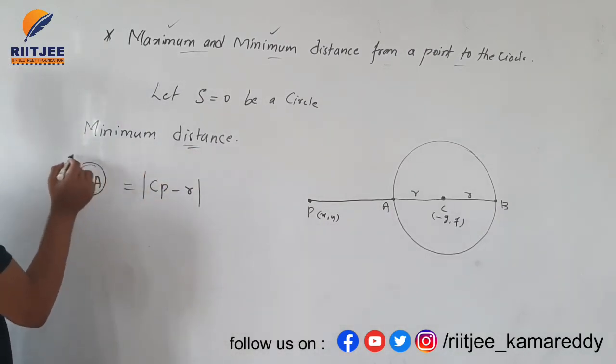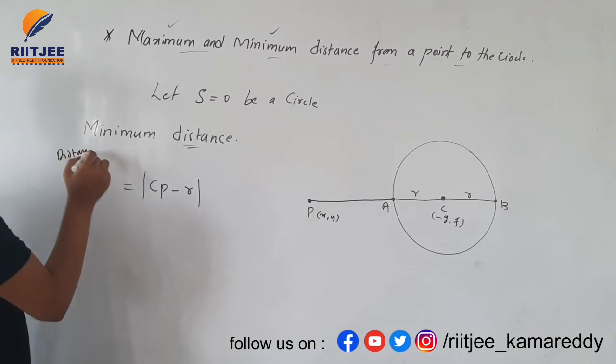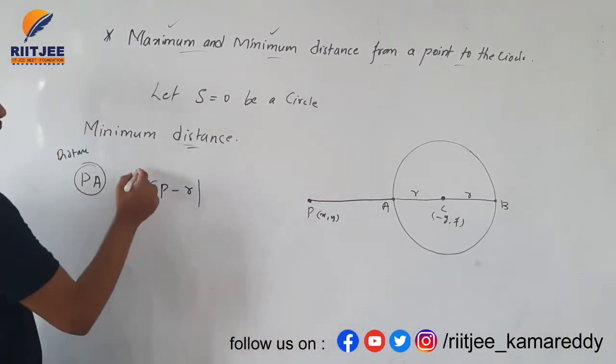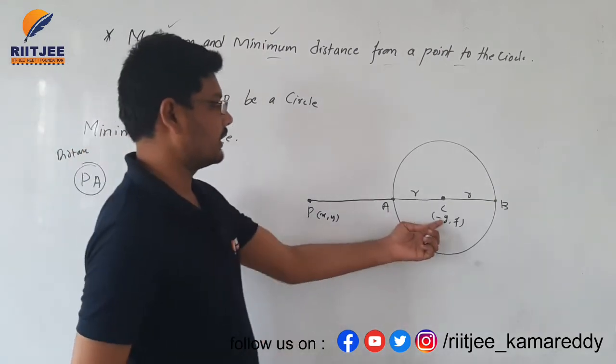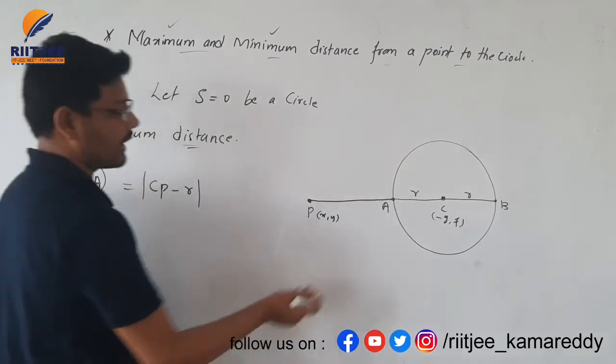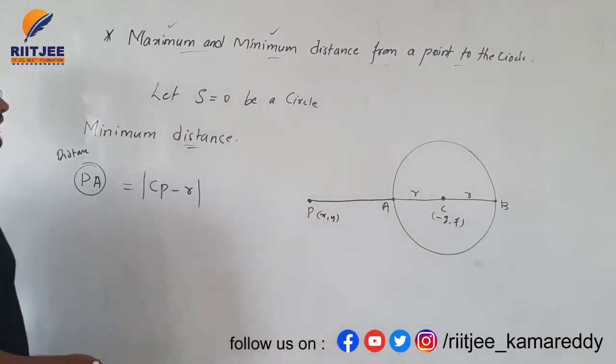The distance PA is the minimum distance to the circle, and PA is equal to mod of CP, which is the distance from the center to the point P, subtracted by the radius R of the circle.